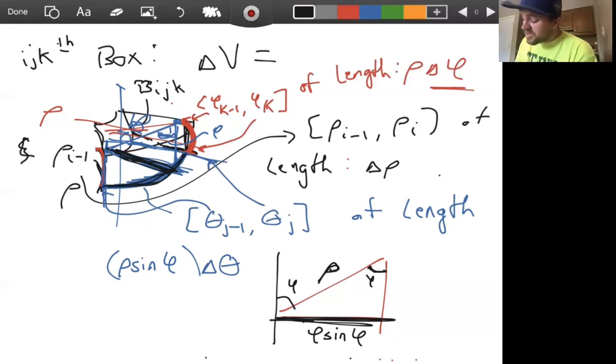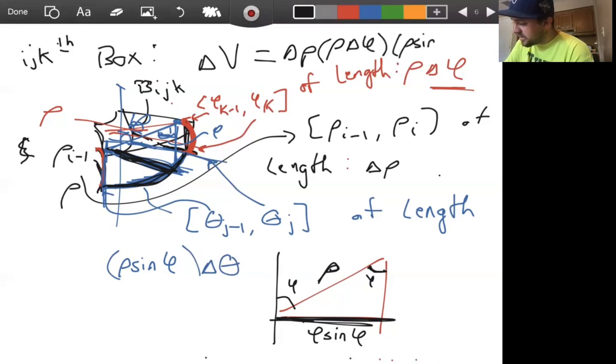Therefore, we can set up that dV is equal to the product of all the lengths that we calculated, right? It's delta rho times rho delta phi times rho sine phi delta theta.